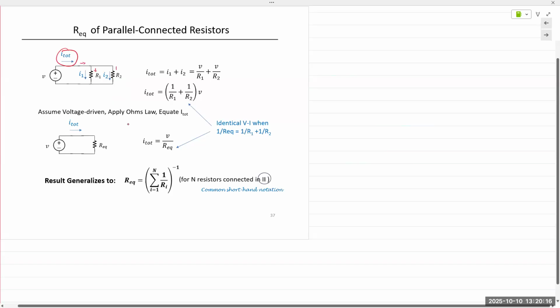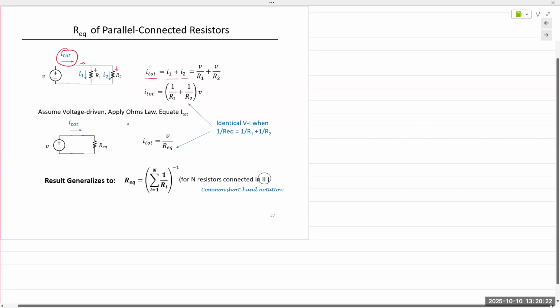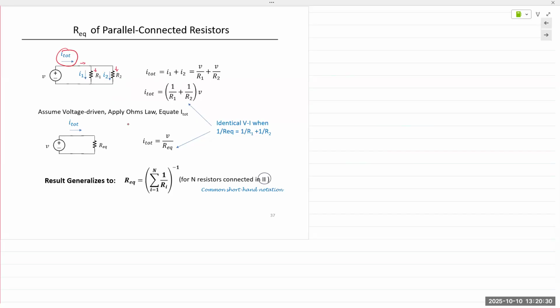So we have two nodes, and it splits into I1 and I2. Applying KCL at the top, we get I total is I1 plus I2. Then applying Ohm's law, we can describe I1 and I2 in terms of the voltage being applied. Because it's a parallel connection, the voltage remains the same.